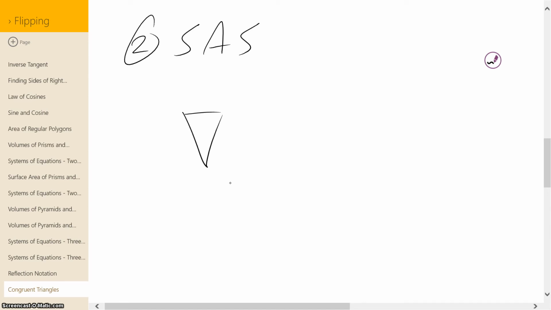So let's say you've got two triangles such as this, where you know that this side is congruent to this side, this side is congruent to this side, and this angle is congruent to its corresponding angle over here. Both sides have the angle sandwiched between them. That is very important, because if they are not, then we lose that guaranteed congruency.